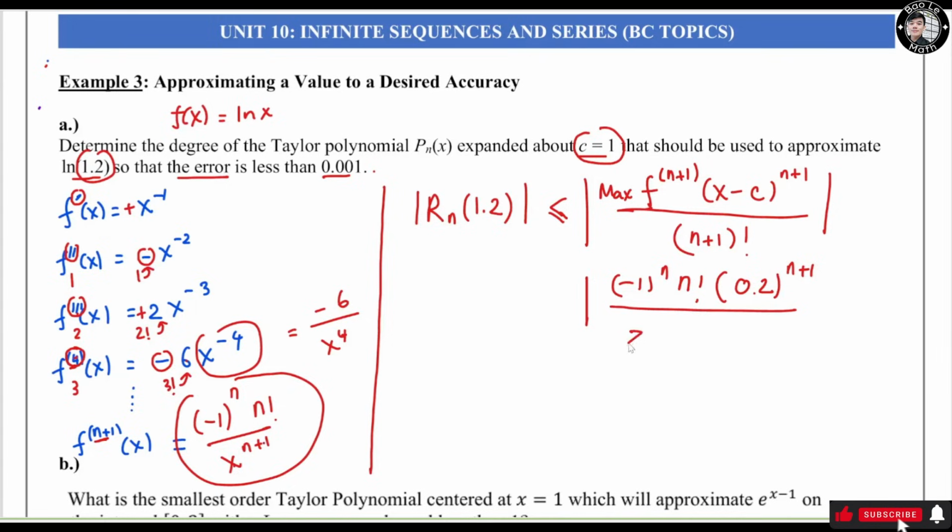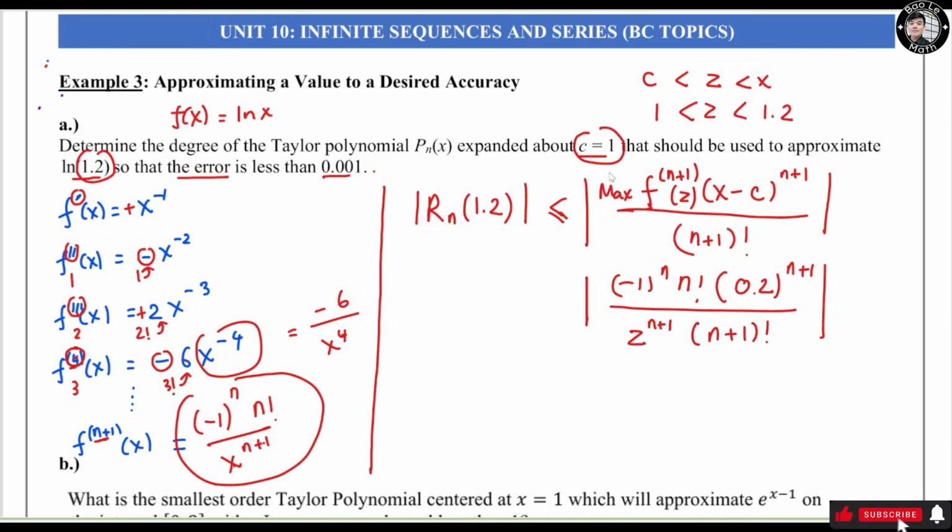In this situation, it's going to be z to the n plus 1. I forgot z right here, where z is between c and s, so c equals 1, less than z, less than 1.2, times n plus 1 factorial.